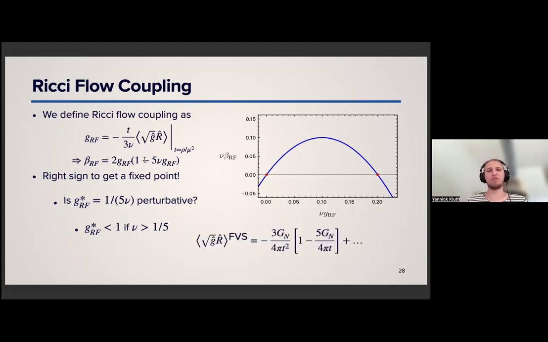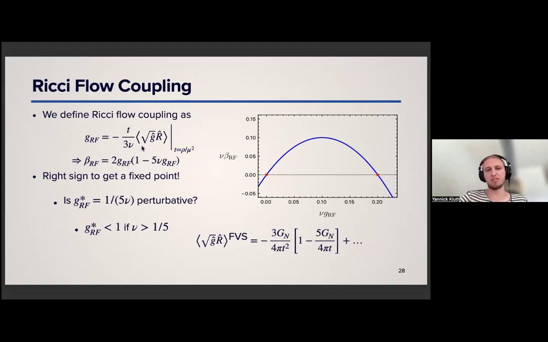We can get some idea though if we compare back to the way that this operator looks in the fixed volume scheme. The point I want to make is that if you look at the numbers here, you have numbers of the order of 1 times gn over pi, and the same with the loop correction. Thus it seems sensible to choose the Ricci-flow coupling such that it is given essentially as gn over pi, which would mean that we should choose nu to be 1/4, because then we would simply factor out this factor of 3/4.